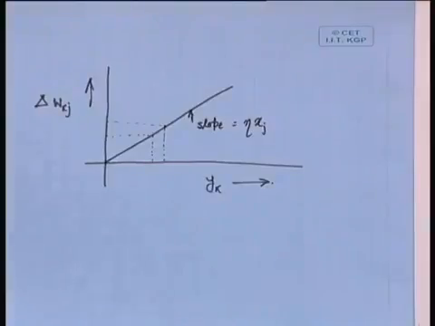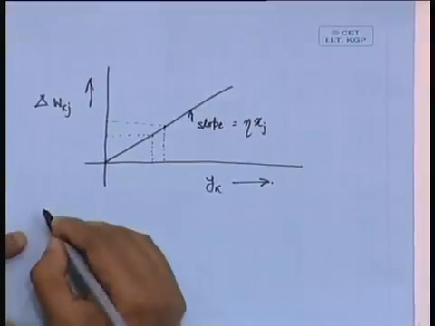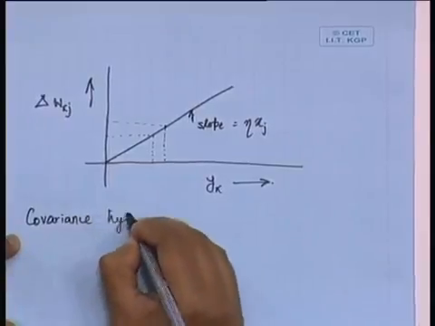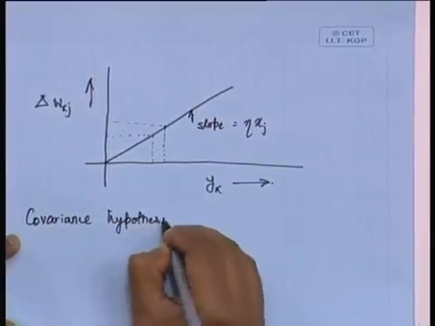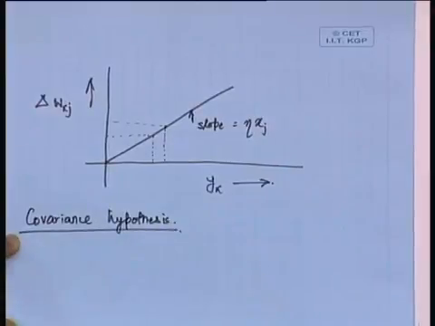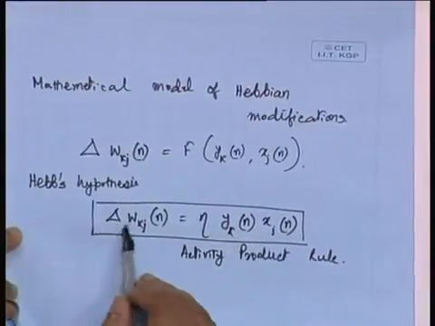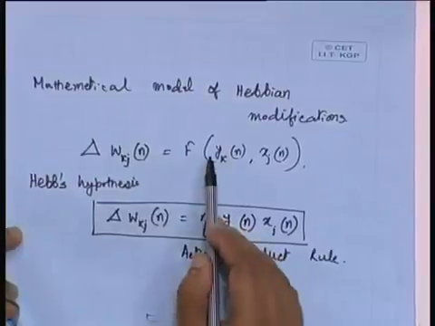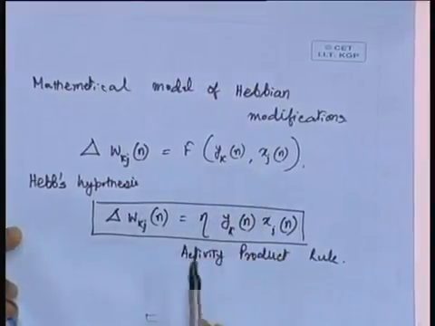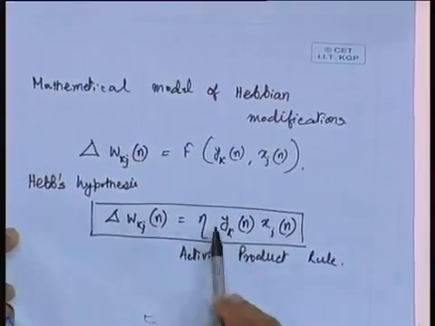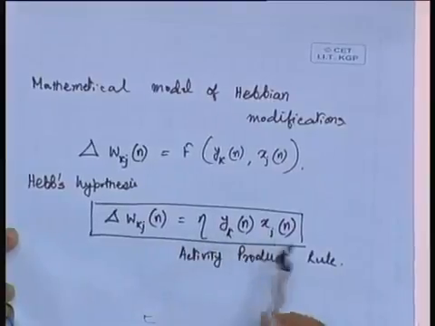Now, the original Hebb's hypothesis has been somewhat modified by proposing what is called the covariance hypothesis. In the case of the covariance hypothesis, we are going to take a very similar mechanism, that is, delta Wkj will still be treated as a function of Yk and Xj, but we are not going to take the product as it is, not eta Yk Xj.